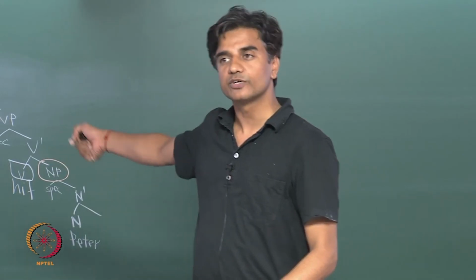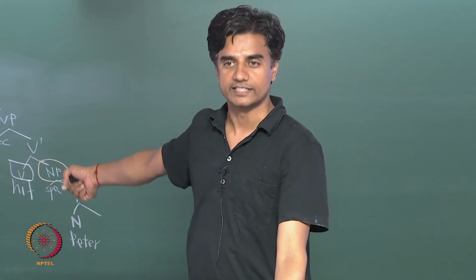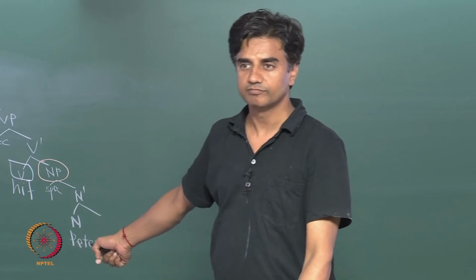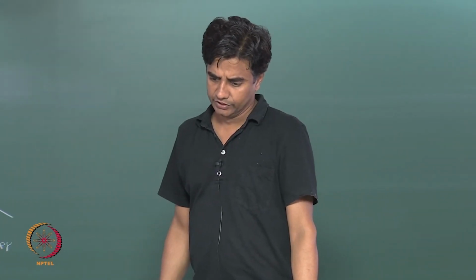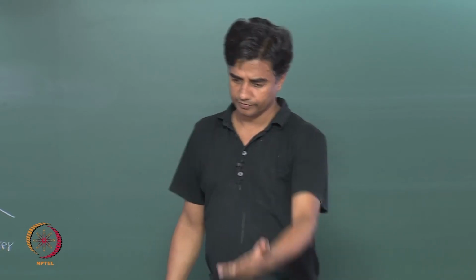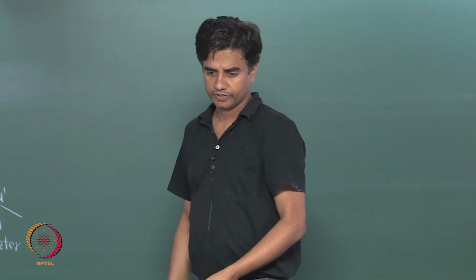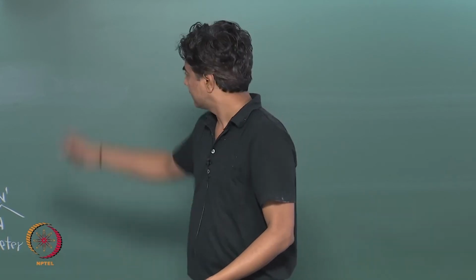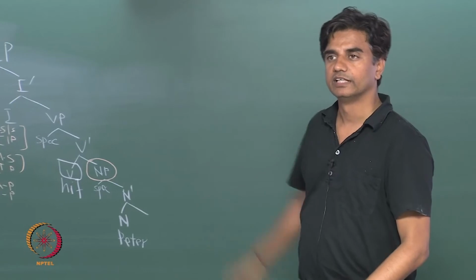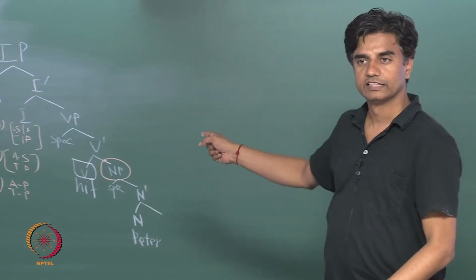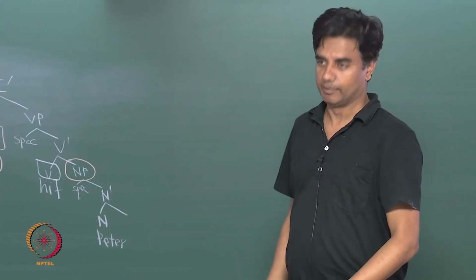And as long as this question is not answered, the second point remains valid. Clear? All right. So that's about autonomy of syntax, and once again we kind of revised our thing for IP.